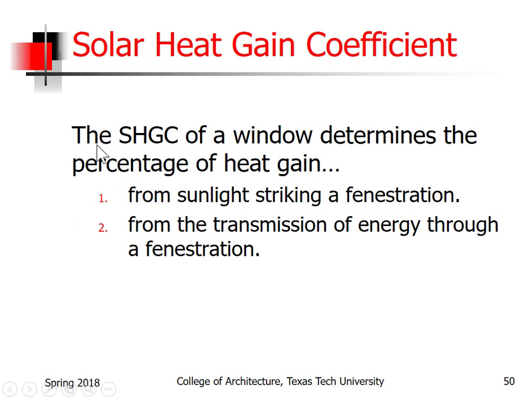The solar heat gain coefficient of the window determines the percentage of the heat gain from sunlight striking a fenestration or from transmission of the energy through a fenestration. And so which one is it? The solar heat gain coefficient of a window determines the percentage of heat gain from sunlight or from the transmission of the energy through the fenestration.